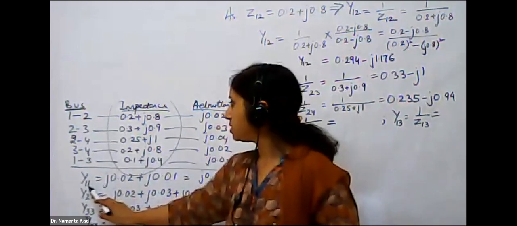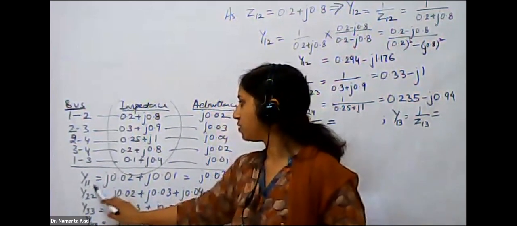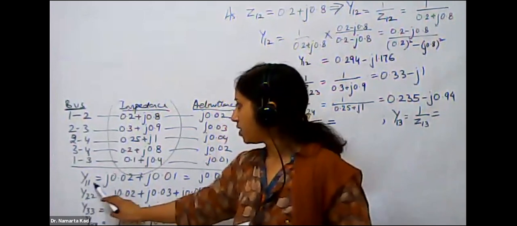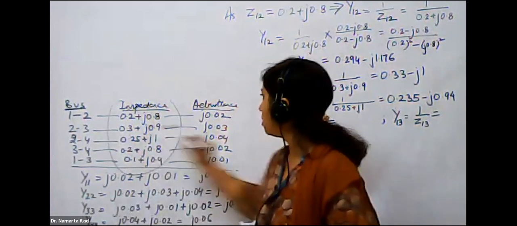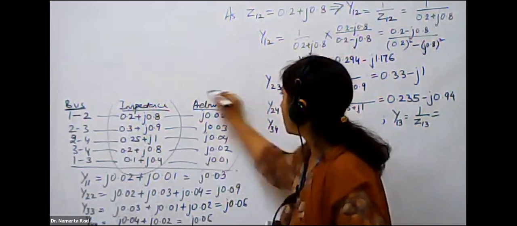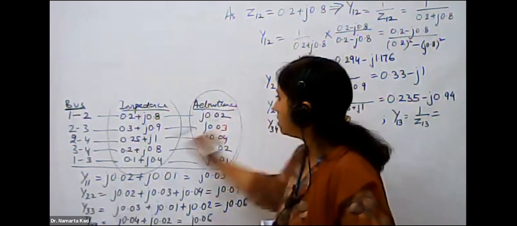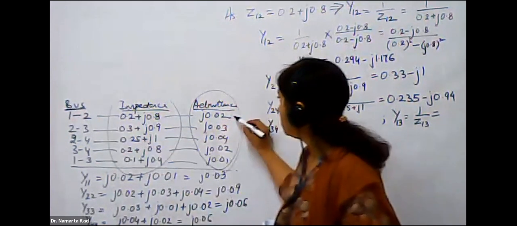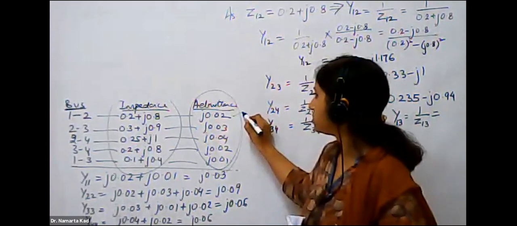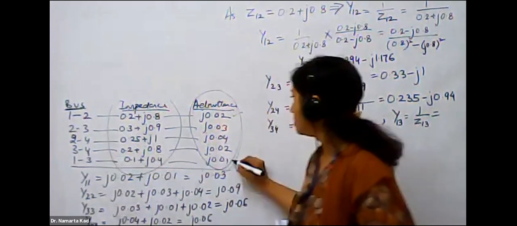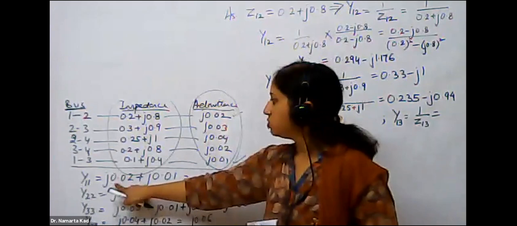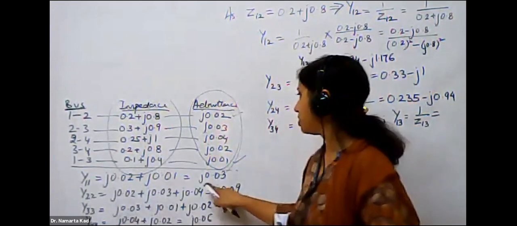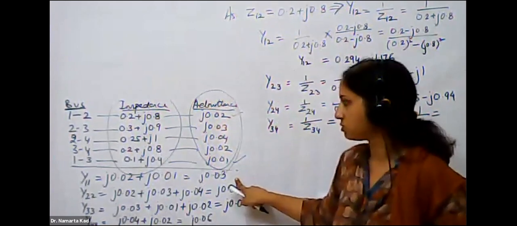For the self admittance values, we have Y11, Y22, Y33, and Y44. For Y11, you have to consider all the charging admittance values that are associated with bus number 1. Like for bus number 1 this value is j 0.02, and for 13 it is j 0.01. You simply sum up j 0.02 plus j 0.01, and it comes out to j 0.03.